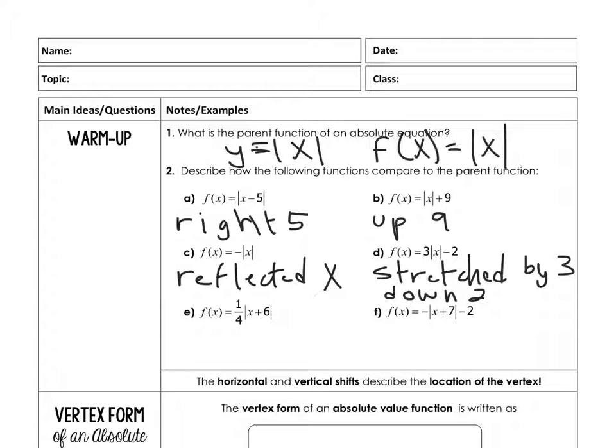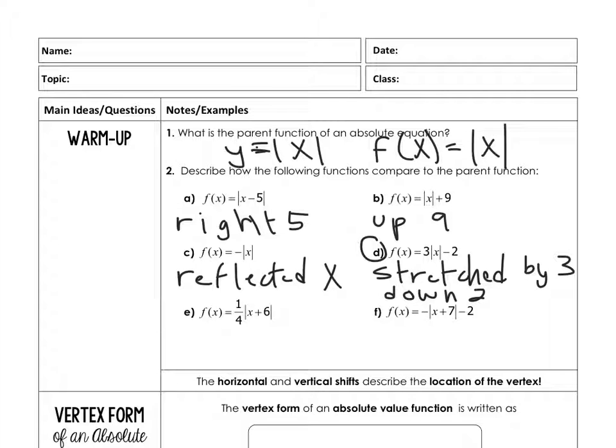All right, on E, you'll notice that we have a multiplier of 1/4. And whenever we have a multiplier of something less than 1 on the output, then it actually is a vertical compression. Whereas up here on D, we had a vertical stretch because we multiplied it by greater than 1.